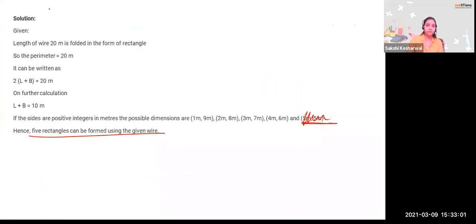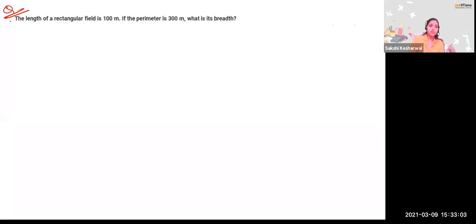Done? Okay. Now what does it say? The length of the rectangular field is this, and if the perimeter is 300 meter, find its breadth. So what you have to do is find it out, right? So what is given? The perimeter.